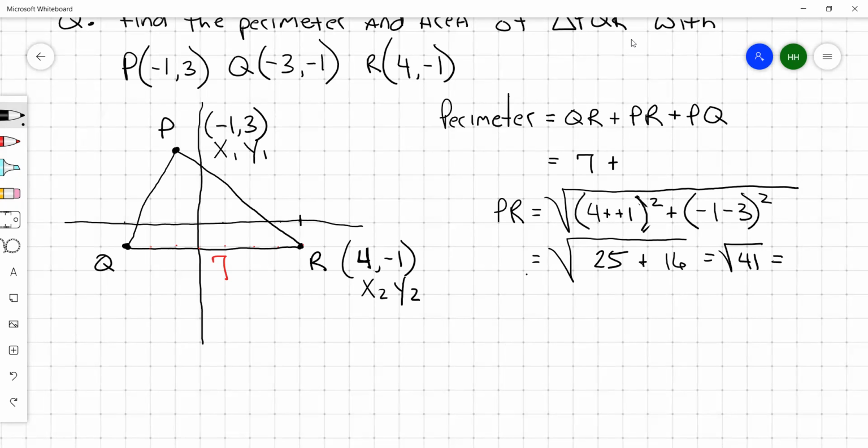Square root of 41 is 6.4. So there's another piece of your puzzle: P to R is 6.4.